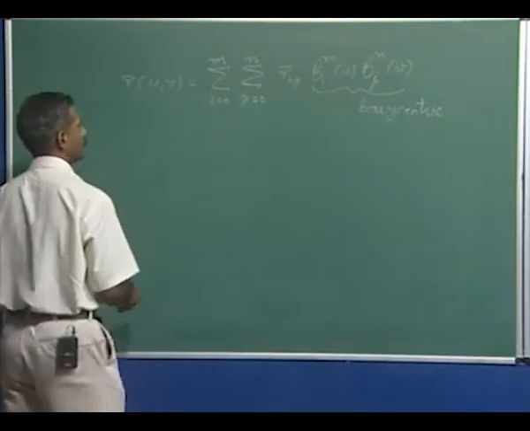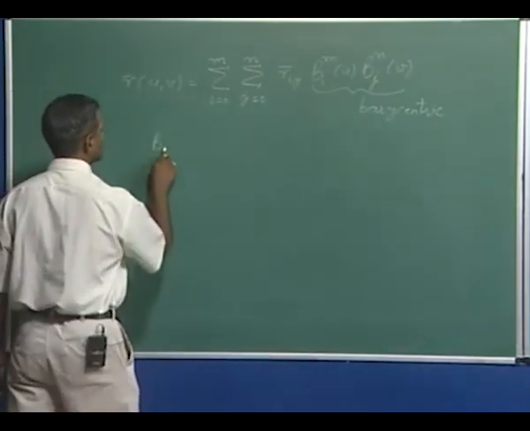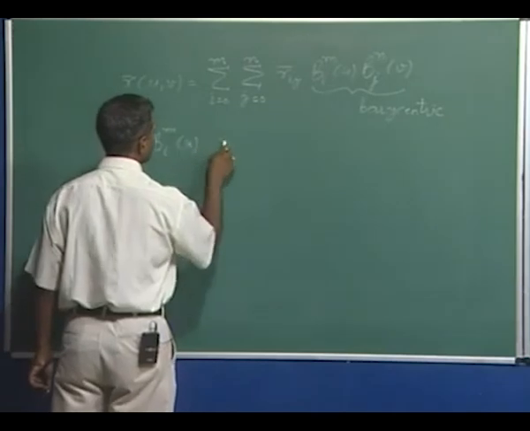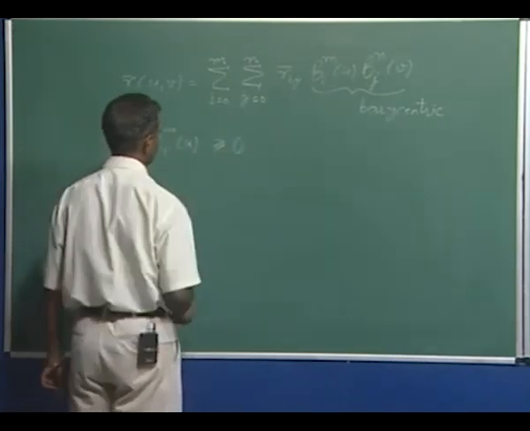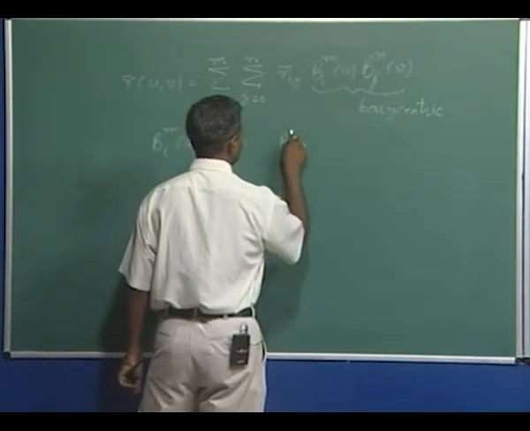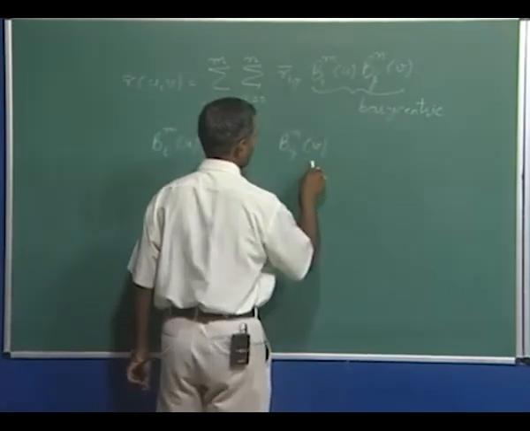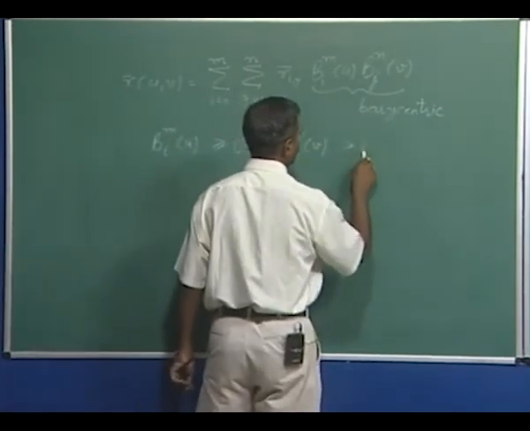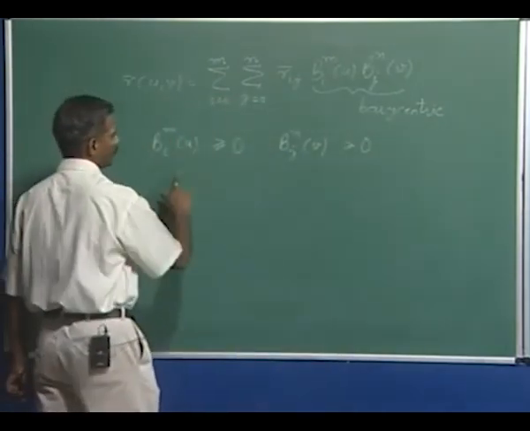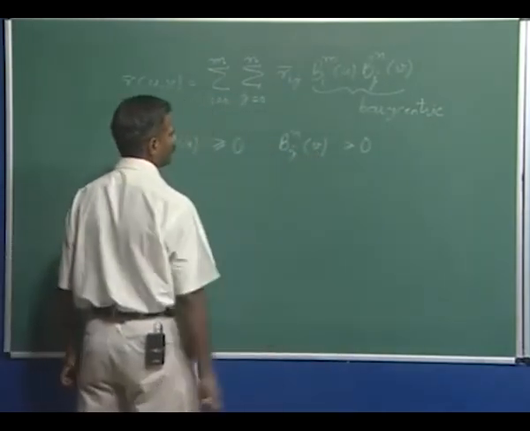So first we realize that B i m of u is equal or greater than 0, and also B j n of v is equal or greater than 0 for values of u in between 0 and 1 and for values of v in between 0 and 1.